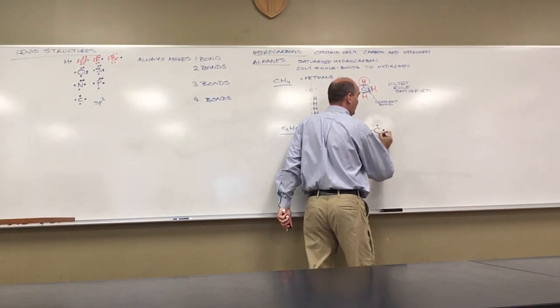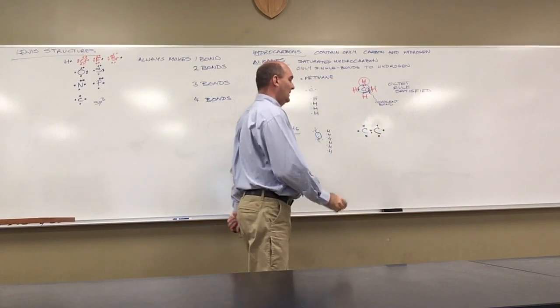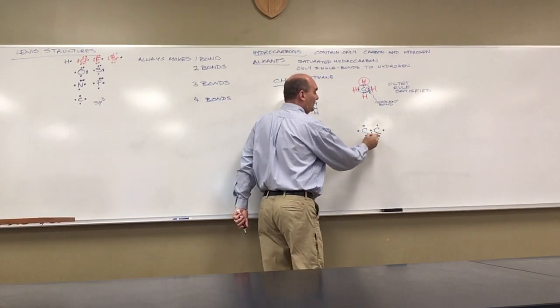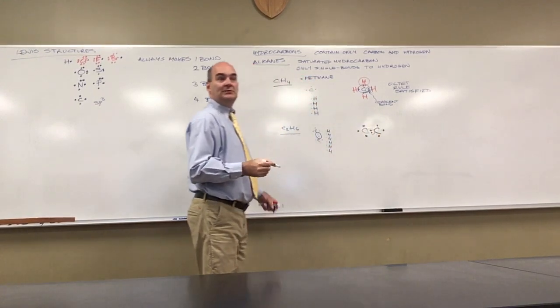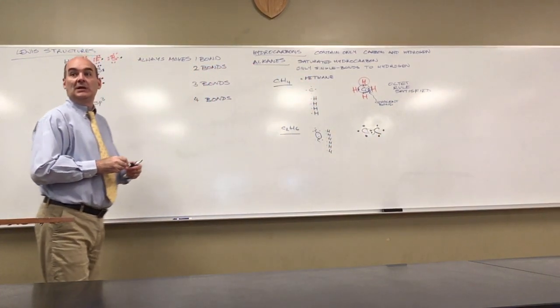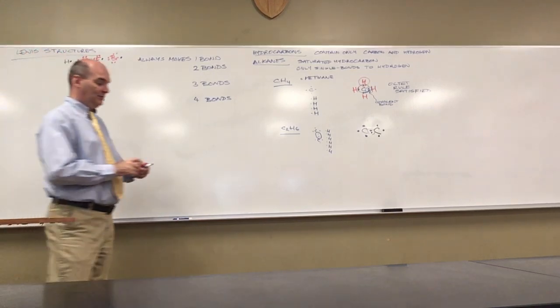Here is carbon number 2. If I make a covalent bond, there it is, 2 electrons shared between 2 atoms. I make a single covalent bond between those 2 carbons.